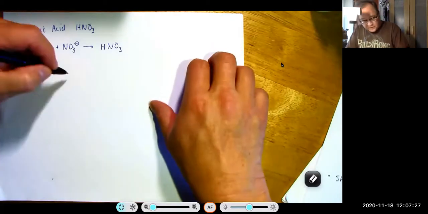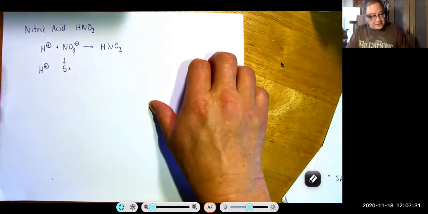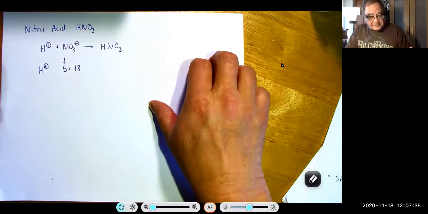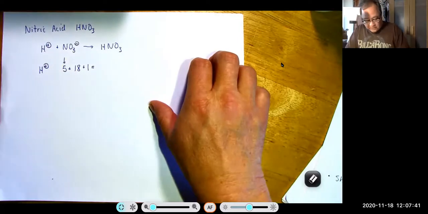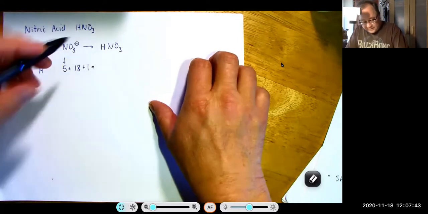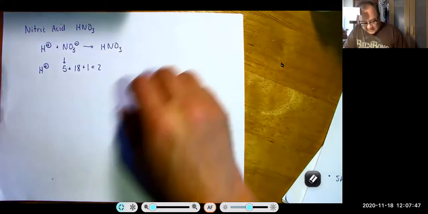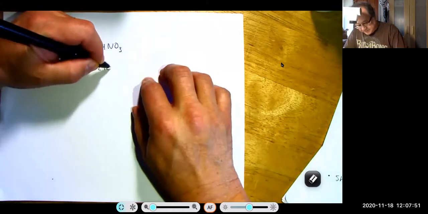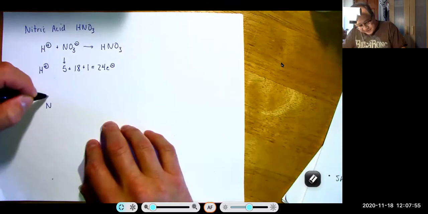For the nitrate ion, we have 5 electrons for the nitrogen, 18 for the oxygens because they get 6 each in group 6A, and plus 1 for the negative charge, for a total of 24 electrons.